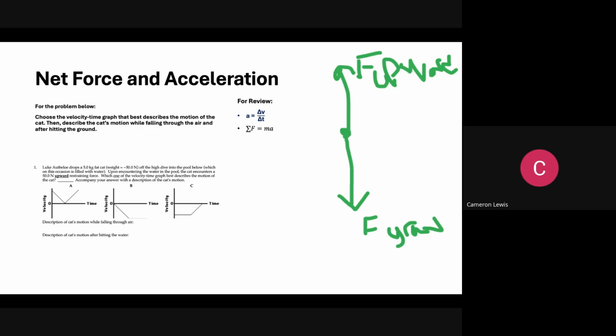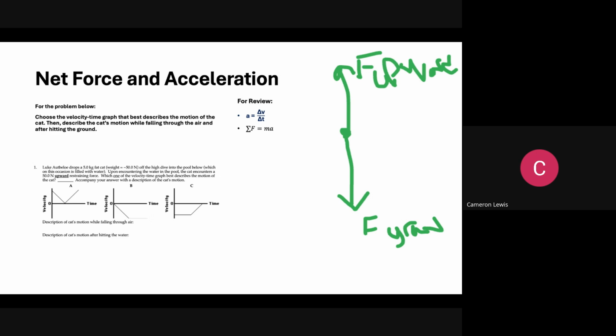So we need to see a velocity time graph where we see some negative acceleration. So if I'm looking for negative acceleration, I need to find a graph that has a negative slope. So which graph has a negative slope in the beginning from 0 to, let's say, halfway?